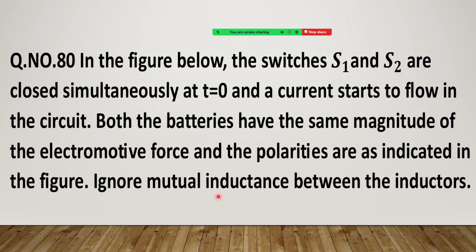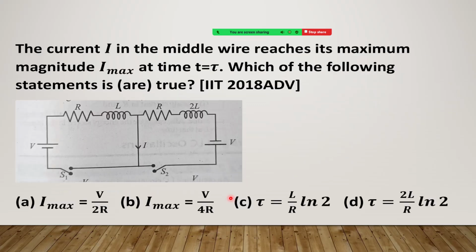Ignore mutual inductance between the inductors. The current I in the middle wire reaches its maximum magnitude at time t equal to tau. Which of the following statements are true? Okay. It's asked in 2018 Advanced. Let us see how to start.